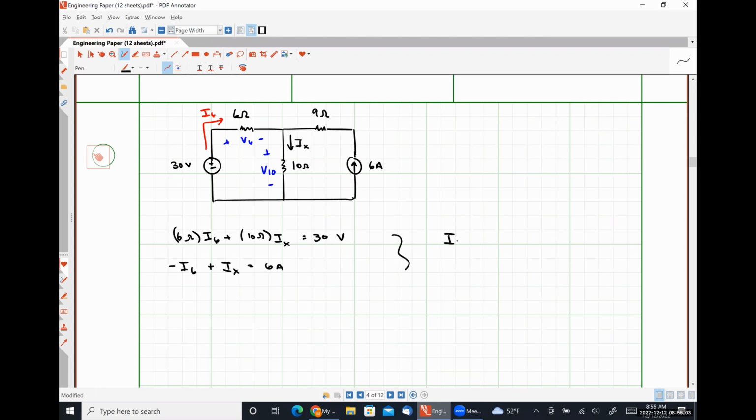And let's solve these guys, particularly we're interested in IX. So 6, 10, 30, minus 1, 1, 6.